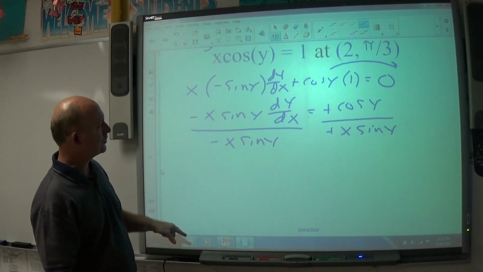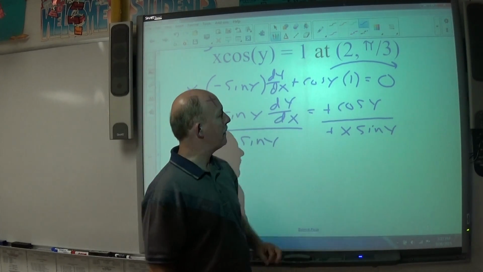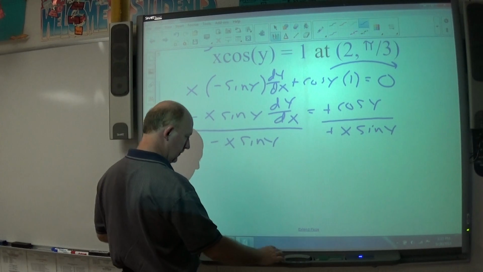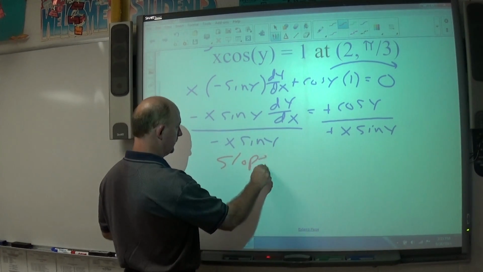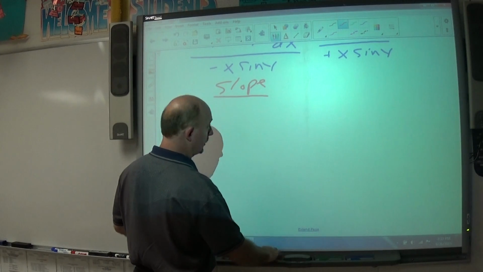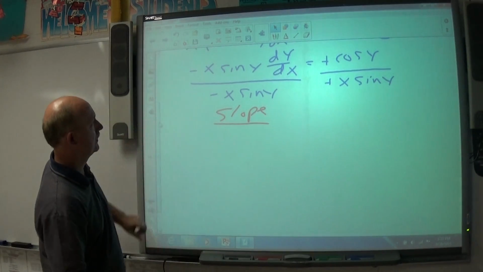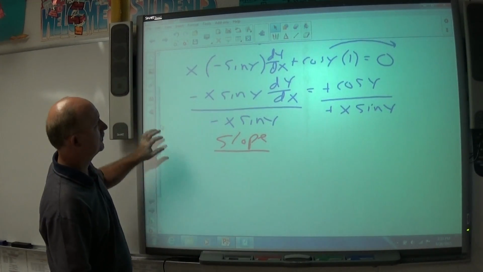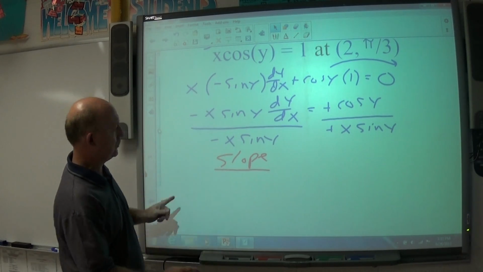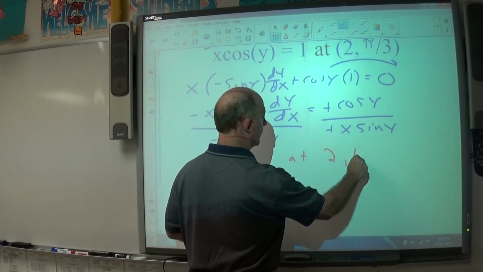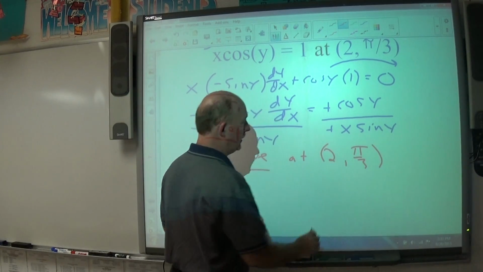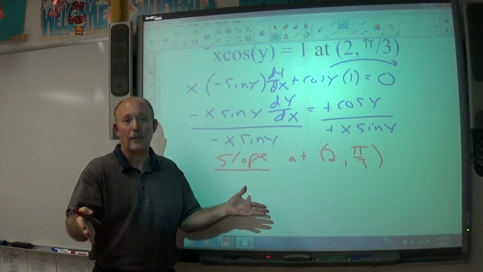Now we've got to get our slope at the point (2, pi over 3). Now we've got to substitute. This is at (2, pi over 3), so we substitute 2 in for x and pi over 3 in for y.